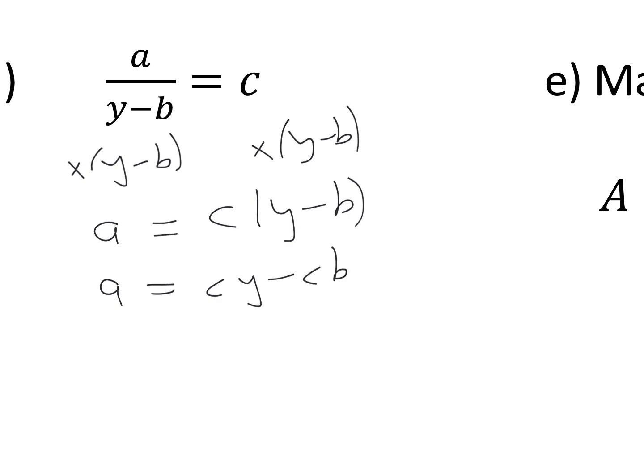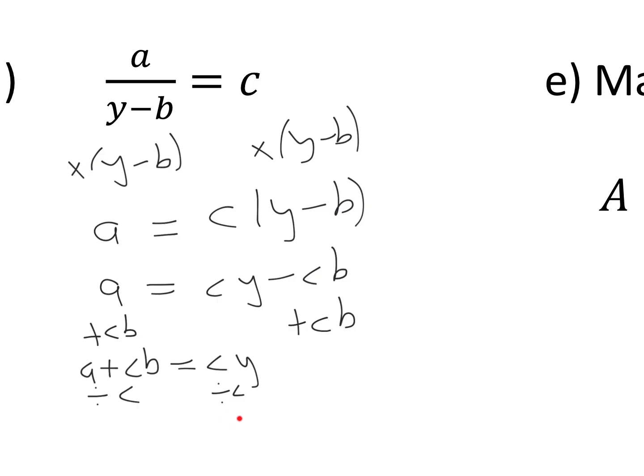And then this term doesn't have any y's in it, so it can be eliminated or removed from the right hand side by adding cb. So we'd have a plus cb on the left and cy on the right. We then can divide by the number of y's, which is c, and we get y equals.